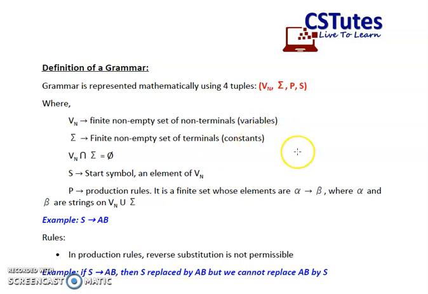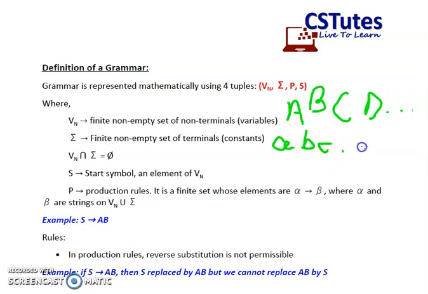Now over here you must understand one more thing. Whenever we are talking about grammars for automata, variables are represented using capital alphabets. For example, capital A, capital B, capital C, capital D, and so on. These are our variables. However, the constants are represented using small letters, small a, small b, small c, and so on.